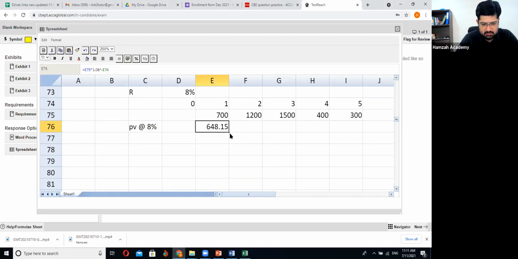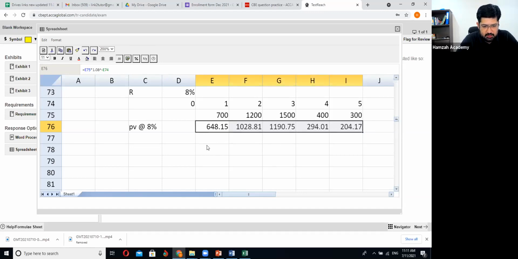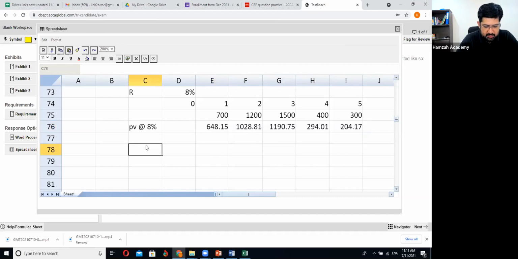Now, total present value equal to sum from here to here.